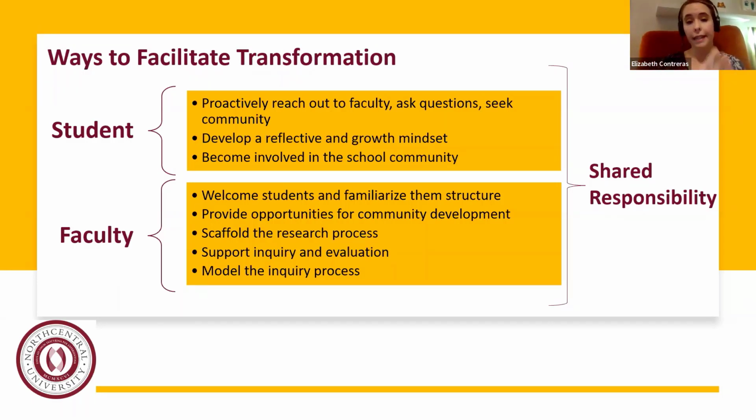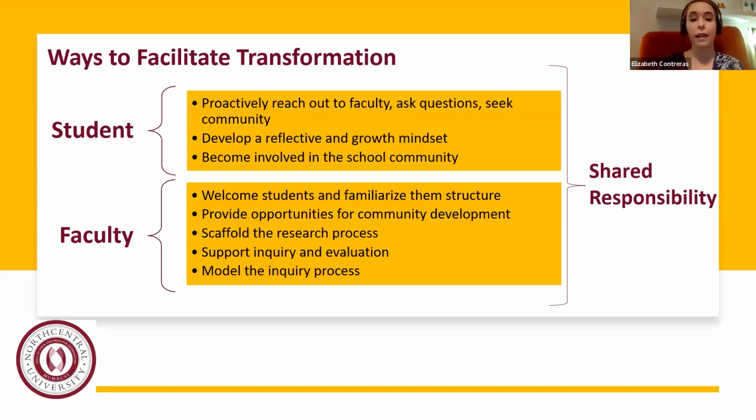Use that scaffolding to your advantage. And like Dr. Bedford said, if you want to look at dissertations to model after, use the dissertations in the NCU database, because those are the dissertations that are going to show you the kind of research that NCU is going to have you do.